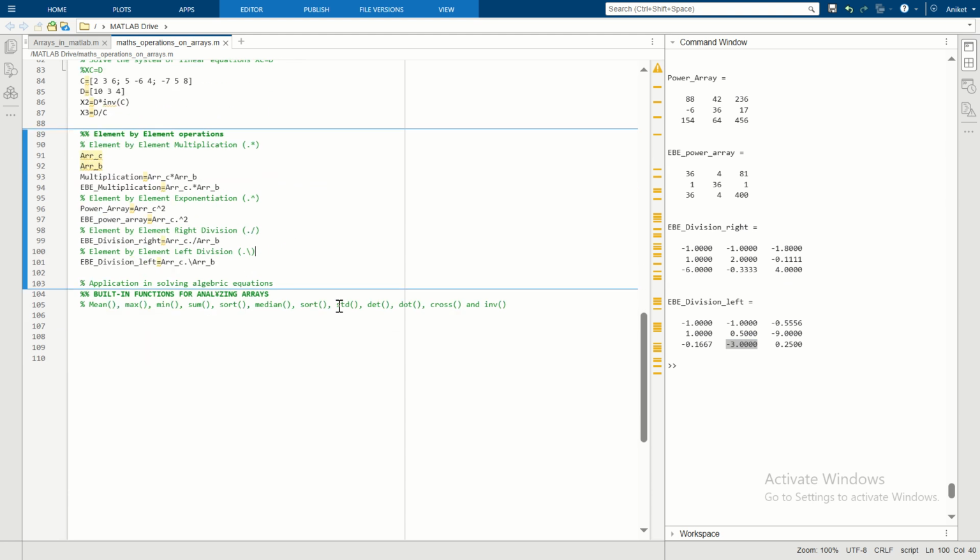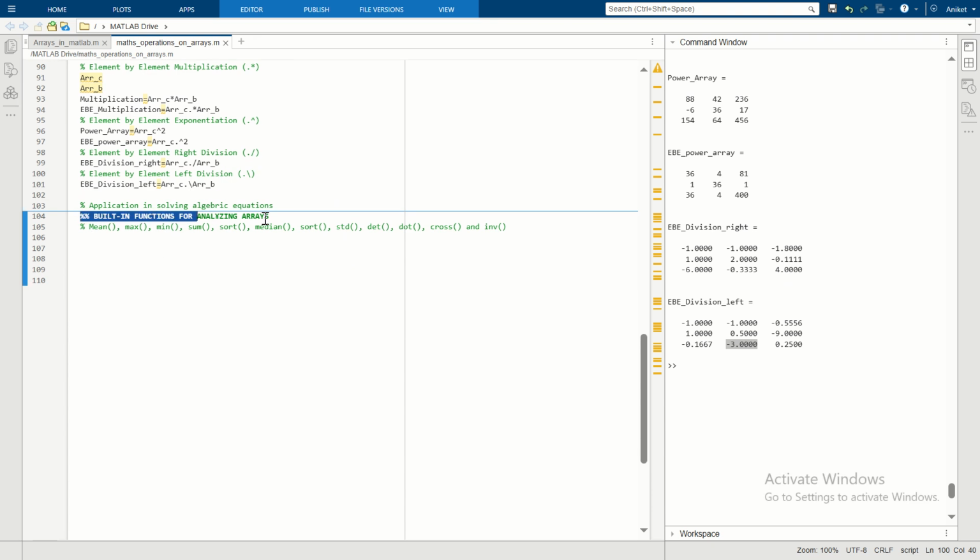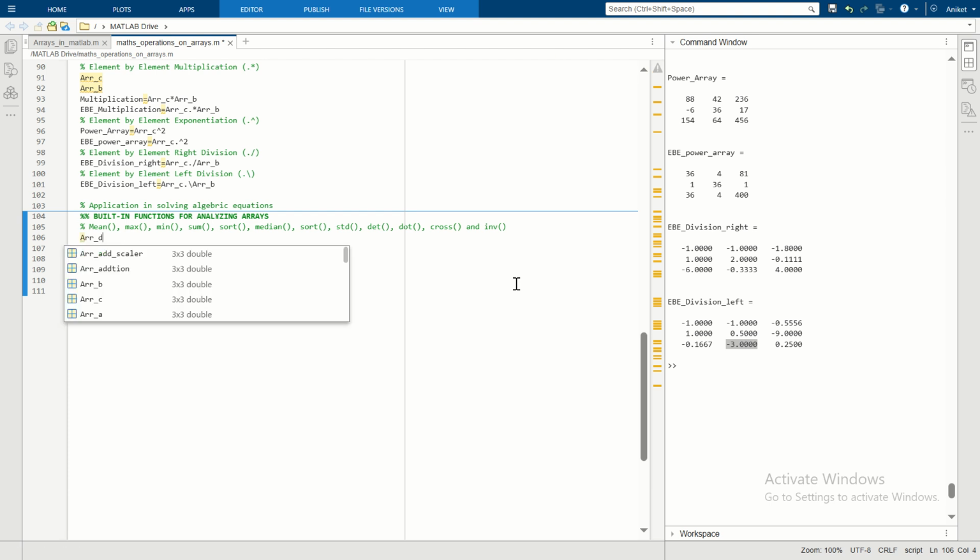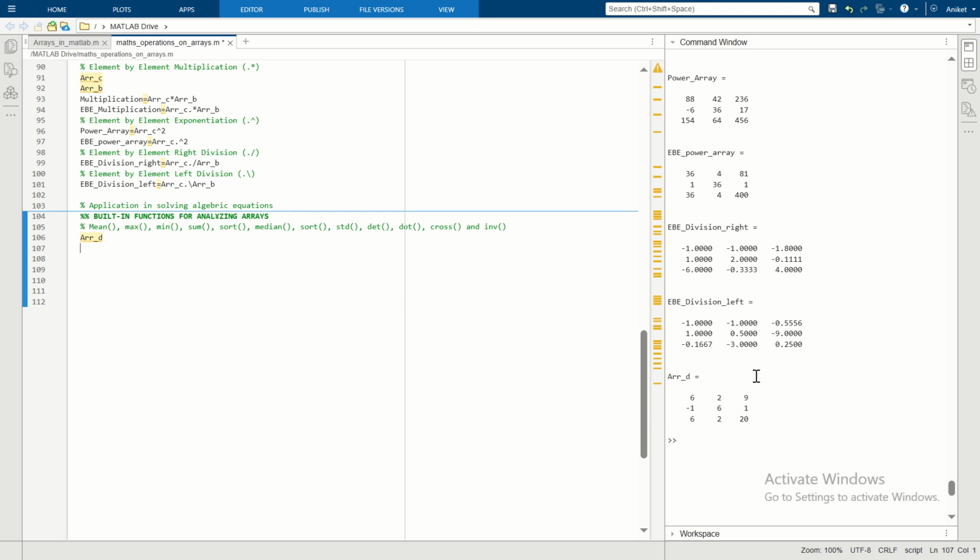Okay, now we have some built-in functions for analyzing the arrays. So what array we'll choose, array D. Okay, so AR underscore D, and we'll run this thing first. Okay, so this is the array D. Now we have to find out the mean of this value.